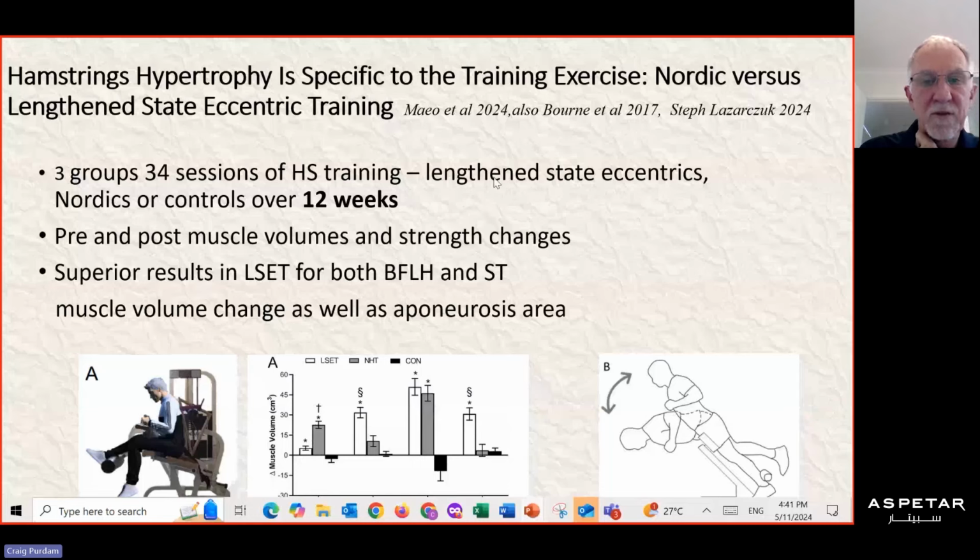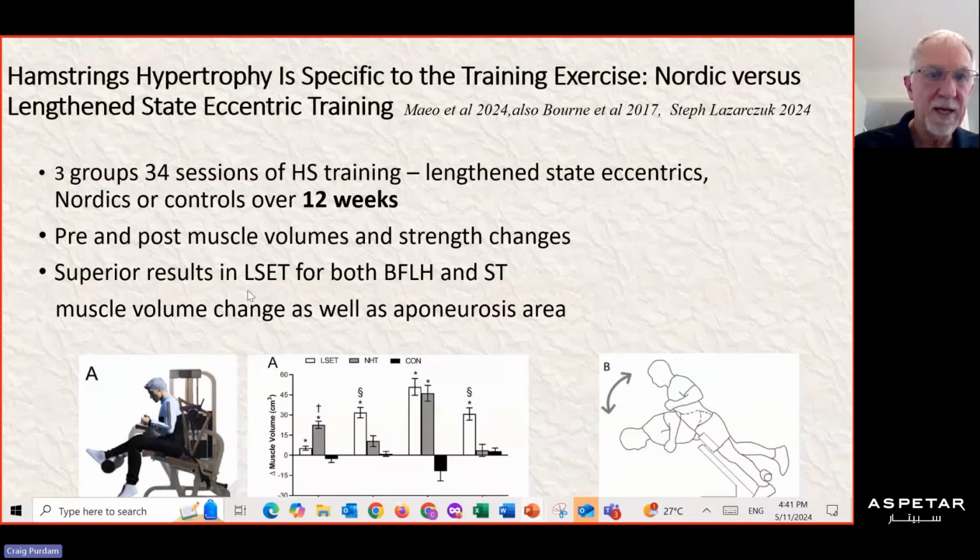Whereas Mayo, in this very recent paper, used quite a different position. Rather than Nordics at length, they used this sort of hyperflexed hip eccentric loading, which is something similar that I've seen Inda King do in a pulley setup.